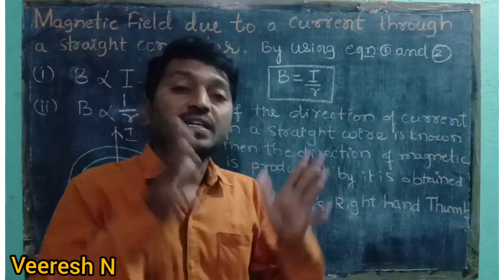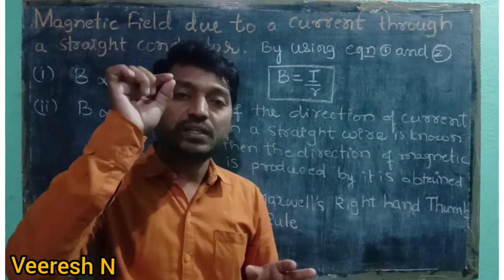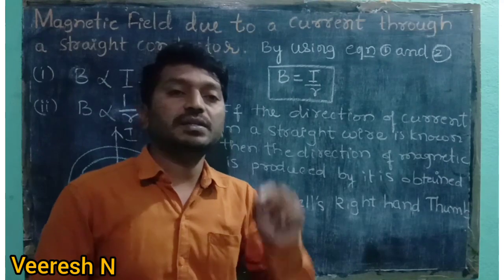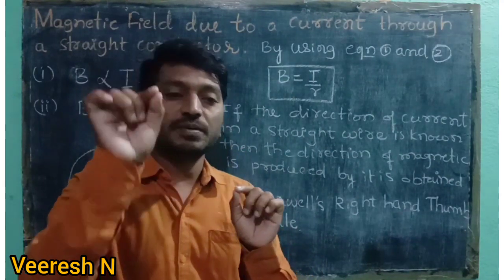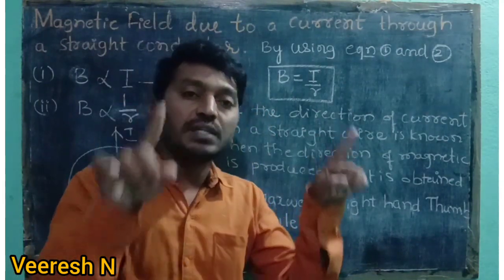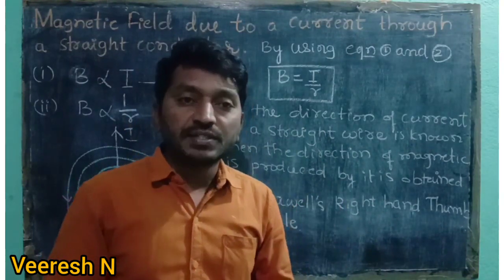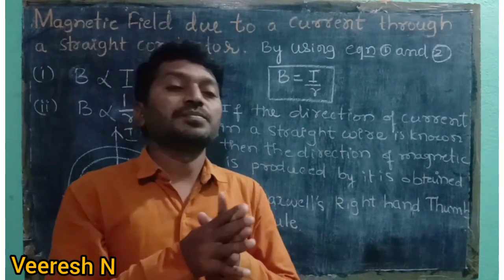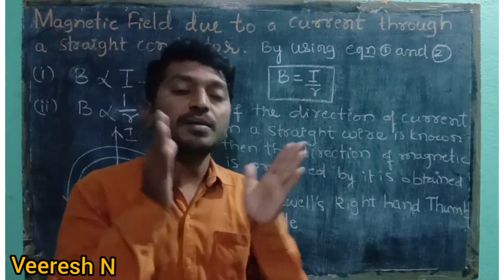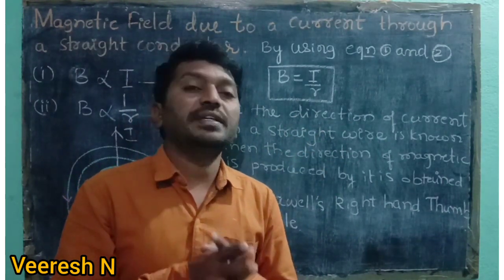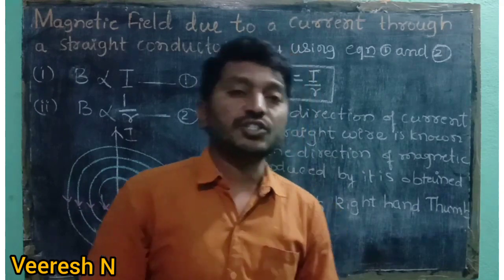But inside the magnet, the direction of the lines is different, that is from south to north, only inside the magnet. And also the magnetic field lines are closed, curved at the poles, okay, and they never intersect each other.